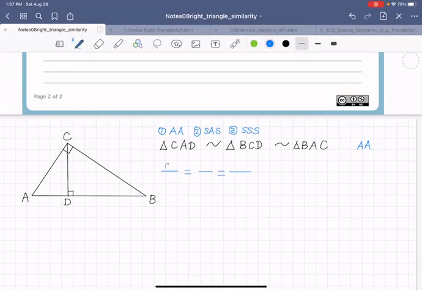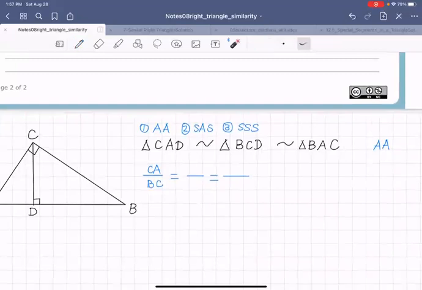So you have CA over BC equals AD over CD, right? CA over BC equals AD over CD equals CD over BD.